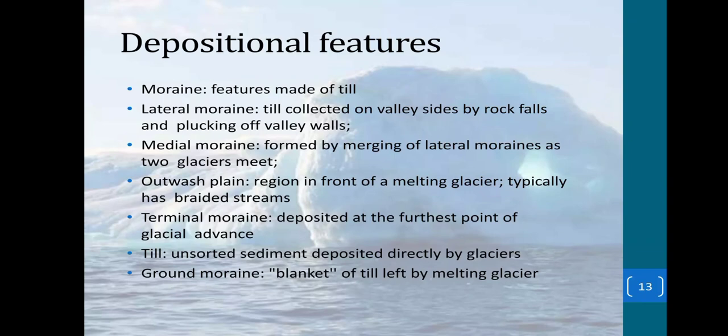Outwash plain is the region in front of a melting glacier, typically with braided streams. Terminal moraine is deposited at the farthest point of glacial advance. Till is unsorted sediment deposited directly by glaciers, and ground moraine is the blanket of till left by a melting glacier.